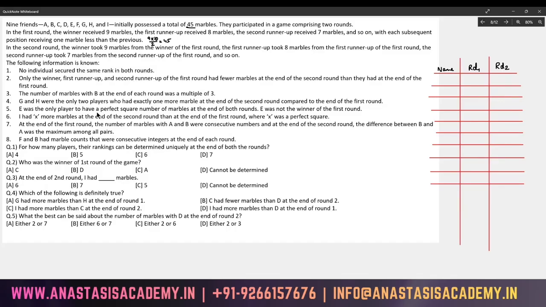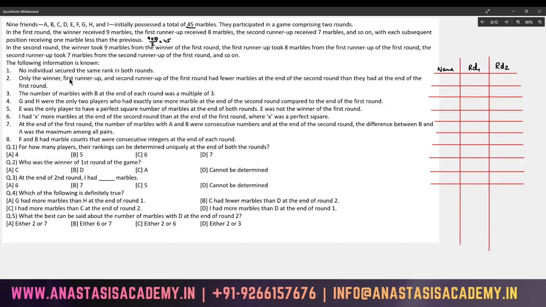Let's look at the information points. No individual secured the same rank in both the rounds. So both the numbers in each row have to be different. Only the winner, the first runner-up, and the second runner-up of the first round had fewer marbles at the end of the second round than they had at the end of the first round.